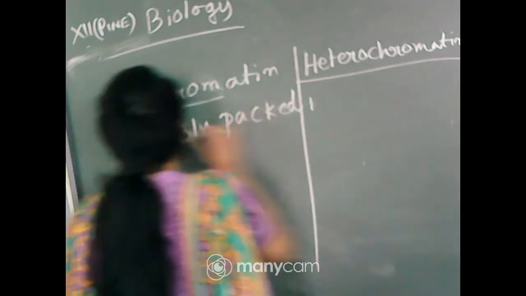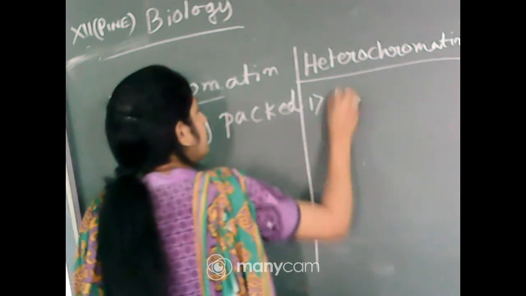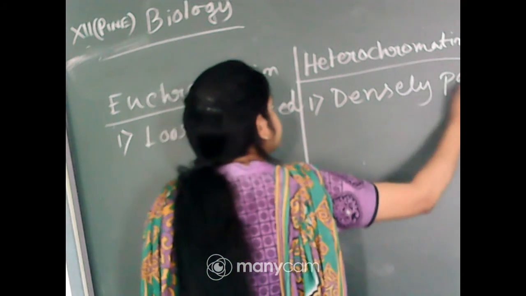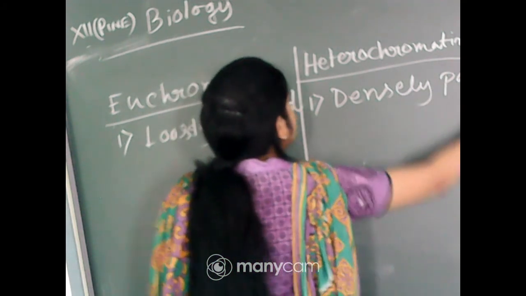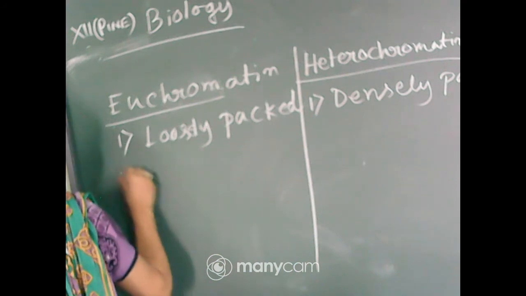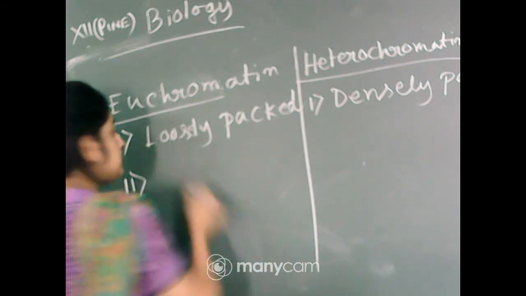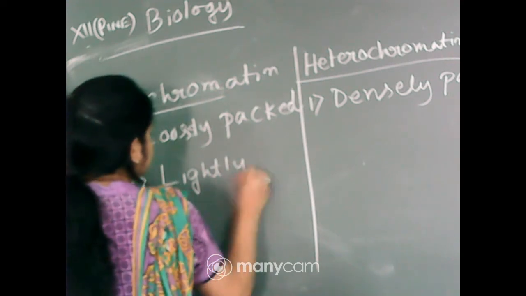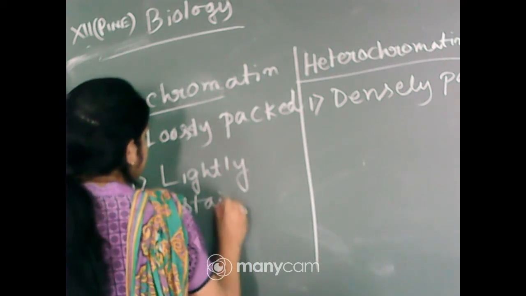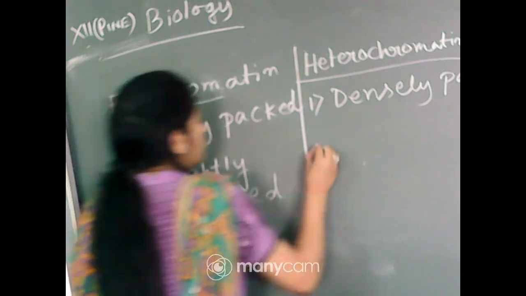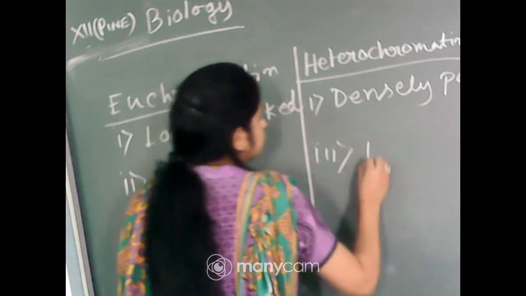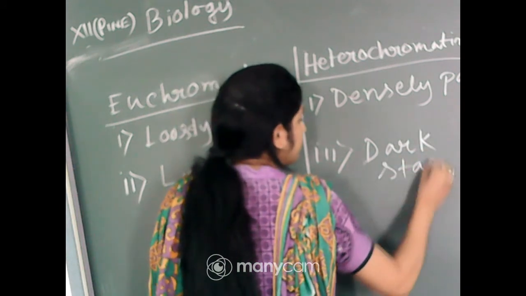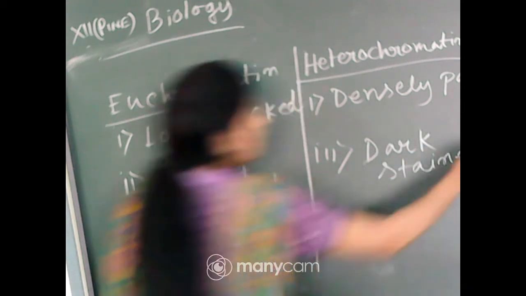So heterochromatin is densely packed. Euchromatin is loosely packed, so it takes the stain lightly, while heterochromatin is stained dark.